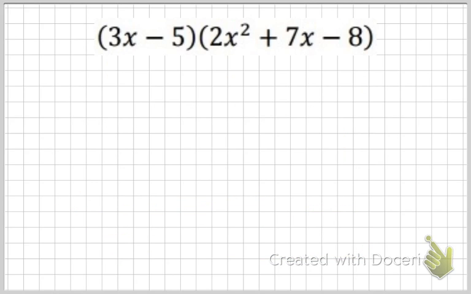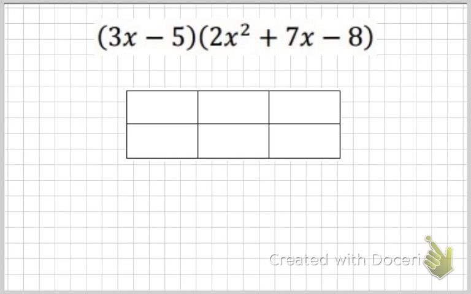Let's try another one. This second problem is the second problem that we did using the distributive property method. But of course, I want you to understand that we can apply the box method here. So we use 3x here, minus 5. Then we use 2x squared plus 7x minus 8.